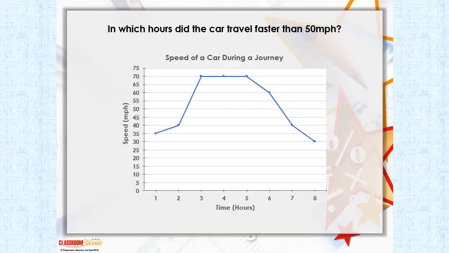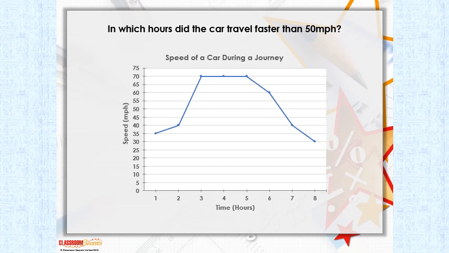Let's look at some examples of questions where continuous data is involved. On this line graph, for example, they are tracking the speed of a car during a journey. And the question is, in which hours did the car travel faster than 50 miles per hour?